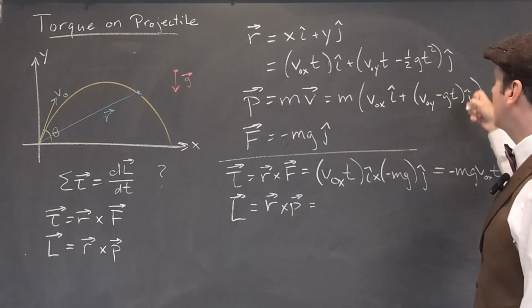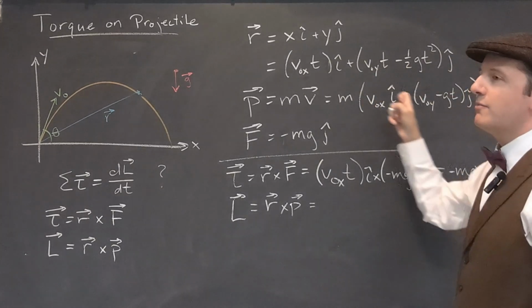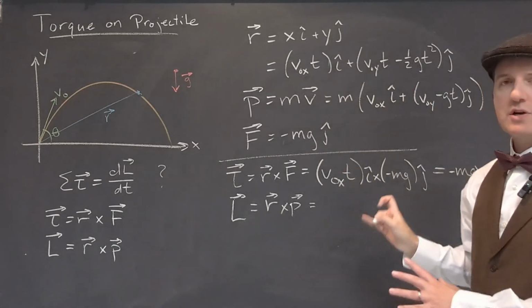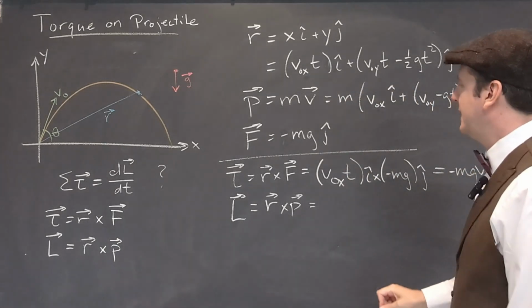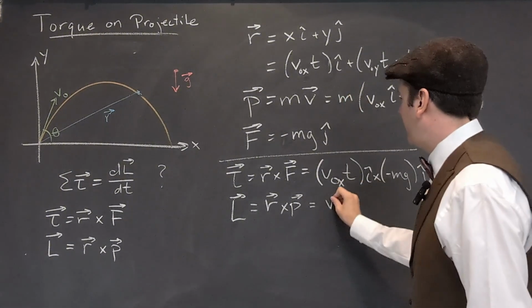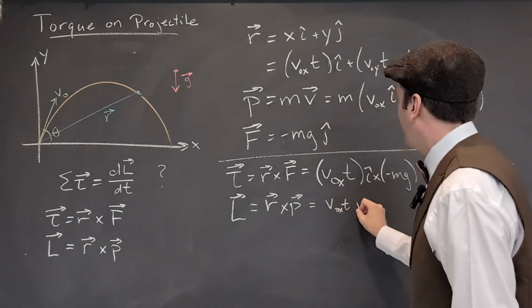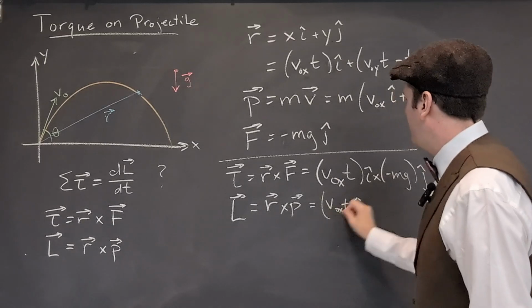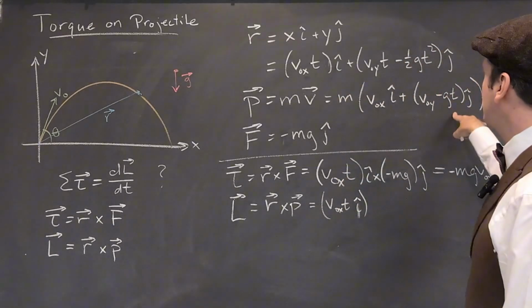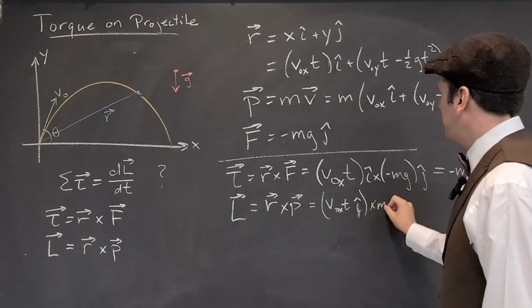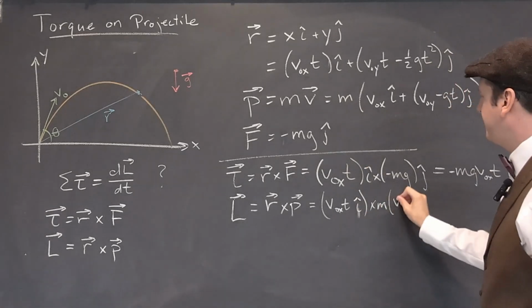I'll also have a j hat cross j hat term, which is 0, but I will have the two cross terms. So I'll start by just writing out those two terms. Let's see. We'll have this term cross the j term here. Don't forget there's still an m on the outside.